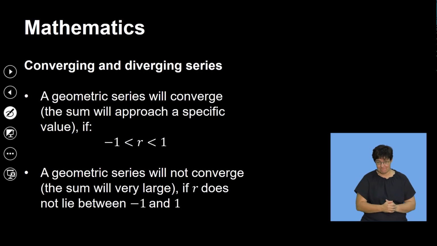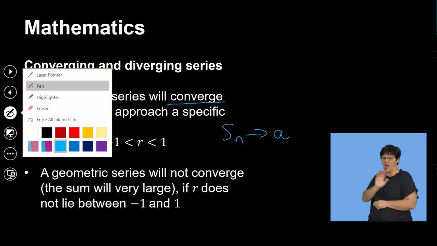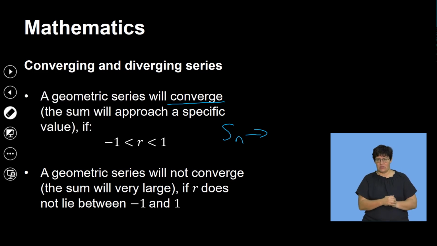Now, we have what we call a converging and diverging series, right? A geometric series can converge. What does that mean? The sum will approach a specific value. Let me not use a, because then I will confuse you. Remember, a we said is the first term.